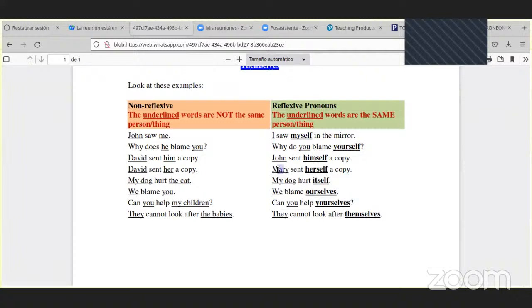So Mary, she, herself, that comes from she, okay? My dog, it's the animal, I'm using it. That's why I use itself. My dog hurt itself. Okay, so just that.